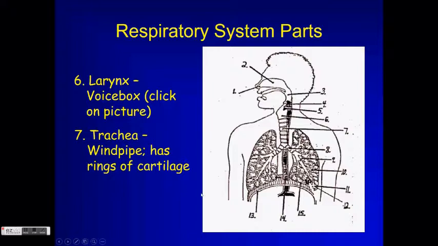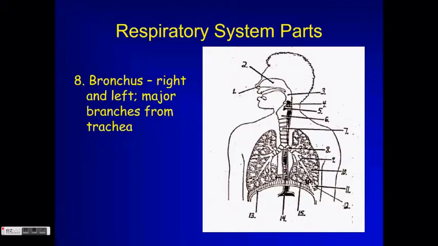Number 8, as we work our way down, we're going to branch off into the right lung and then also the left lung. And the division point, those two largest tubes, are called your bronchus, or at least bronchi for plural. You have a right bronchus and a left bronchus. They are the major branches from the trachea.